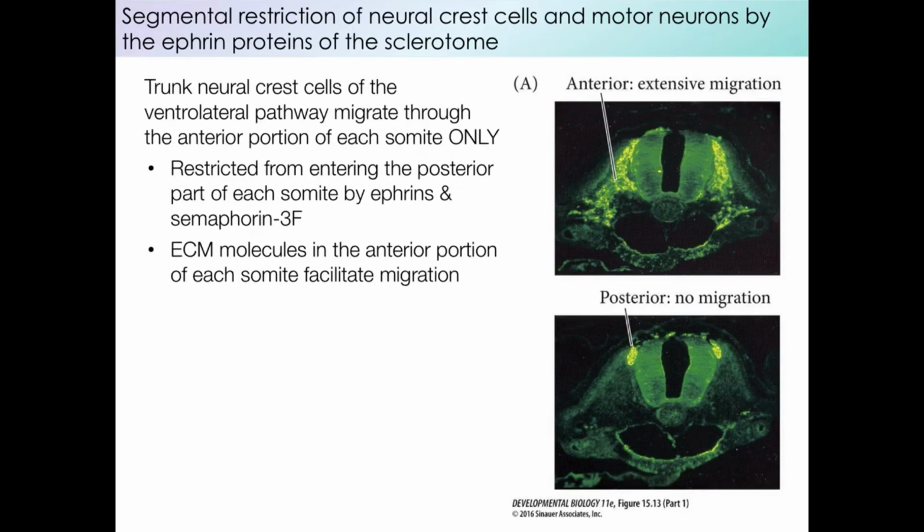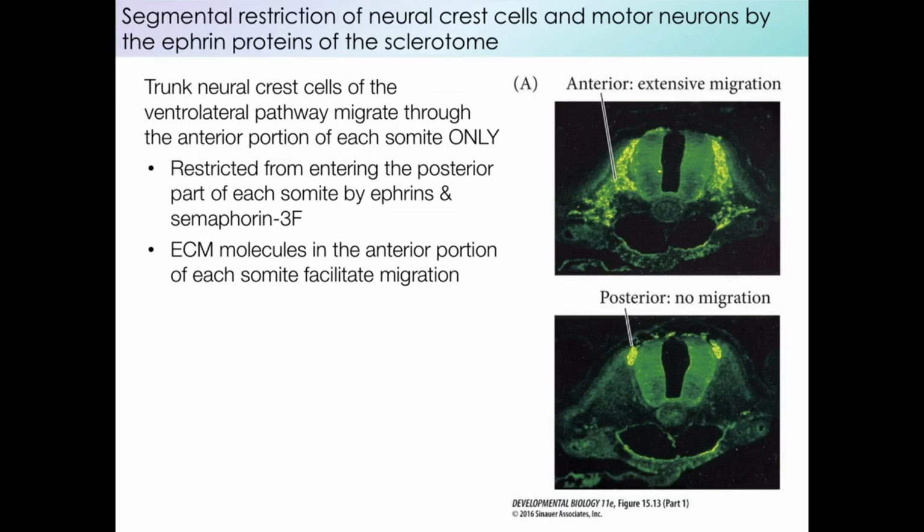Now, as I just mentioned, these cells that take the ventral pathway migrate only through the anterior portion of each somite, specifically through the anterior portion of the sclerotome of the somite. But they cannot migrate through the posterior portion, so here they get stuck. And the reason for that is because in the posterior portion of the somite, there are molecules that prevent the migration of these cells.